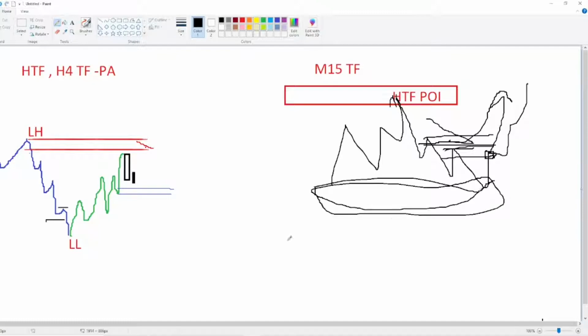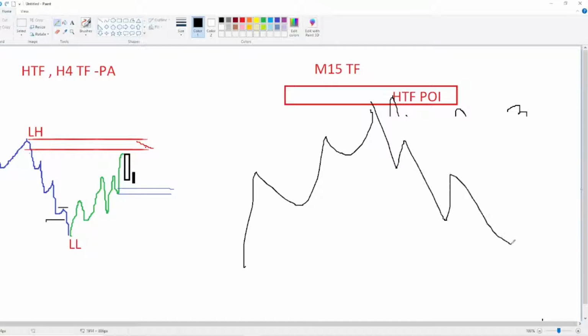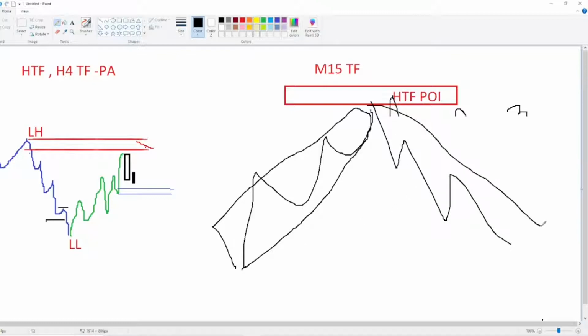If you have logic, this is the first leg, this is the second leg. I explain a little bit more. Okay, this is the first leg. Okay, this is the second leg. If you know how to read the first leg, it's easy to read the second leg.